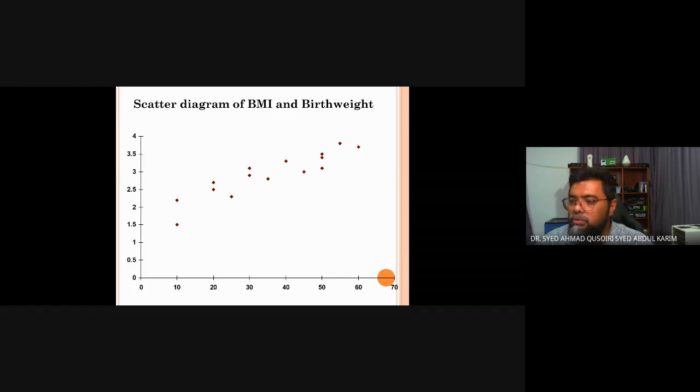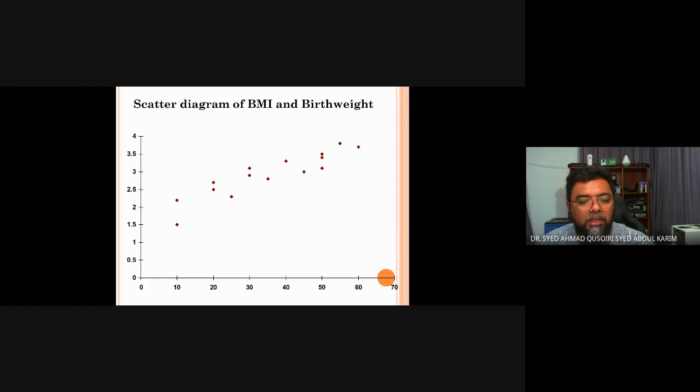It is directly proportional. So if a person has less weight at the time of his or her birth, he or she will likely have a smaller BMI compared to those who are born with higher, bigger weight.